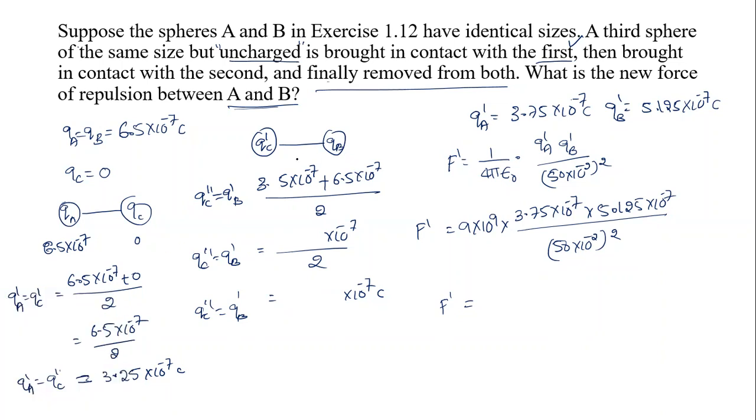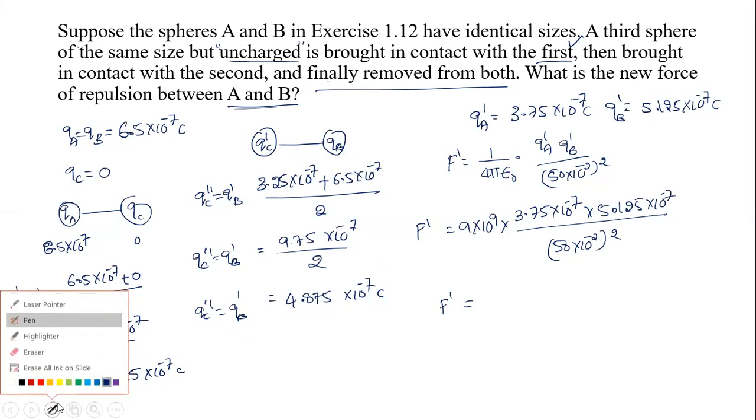It is 3.25, so 3.25 plus 6.5 will be 9.75. So 9.75 by 2 will be 4.875. So here, this 5.125 for QB becomes 4.875.